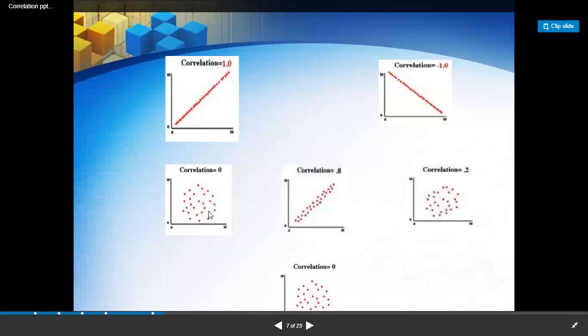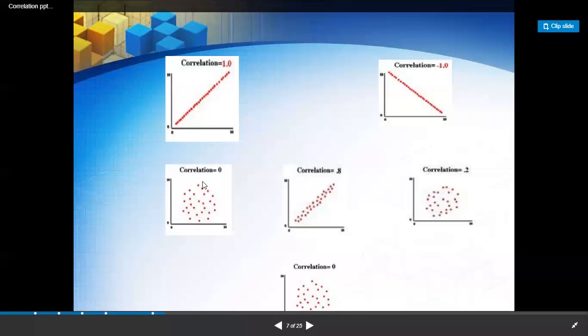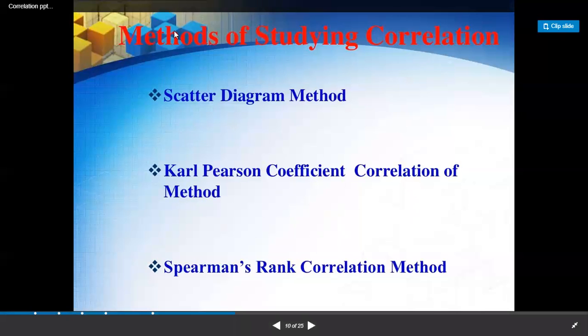If the points are scattered in a haphazard manner, then it is a case of zero or no correlation. So if we want to show the correlation, we can show and explain it to others without any numerical value, with the help of this scatter diagram.